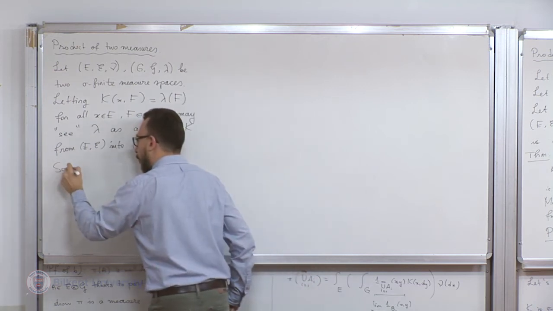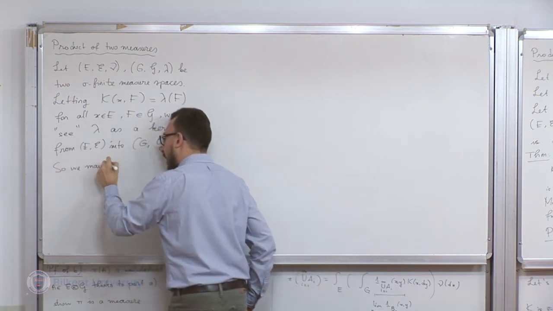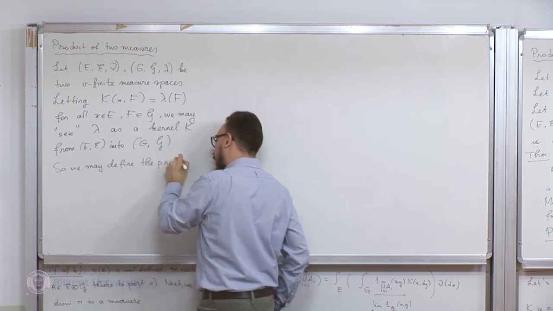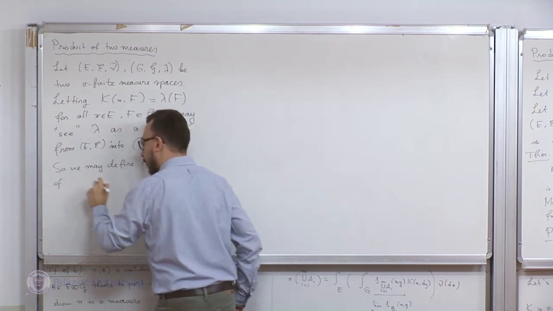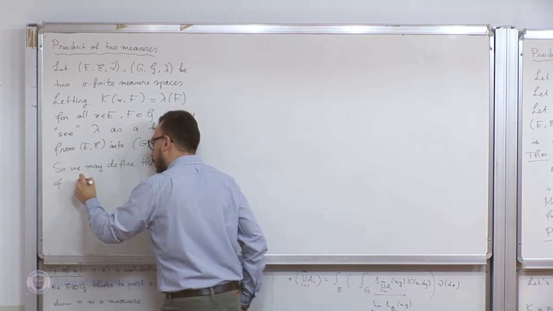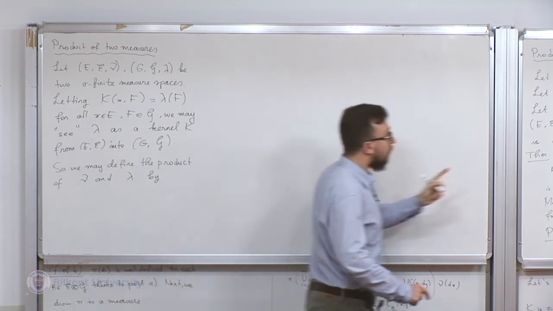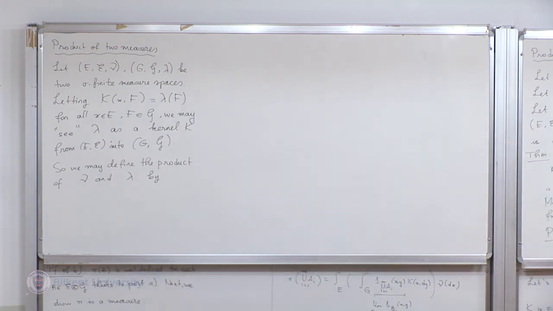So we may define the product of nu and lambda by this formula. I'm just going to write lambda here, lambda dy.